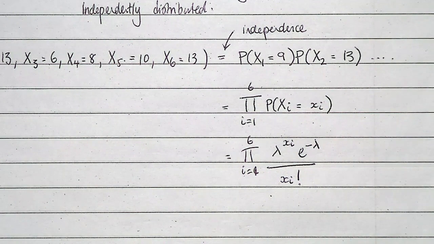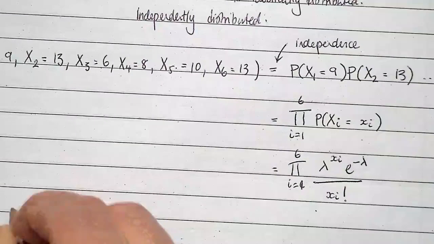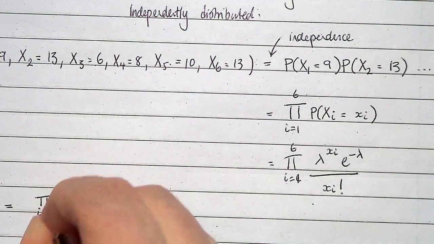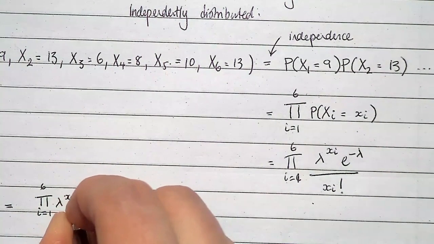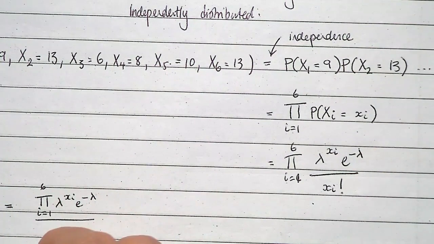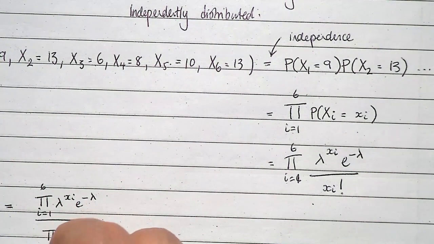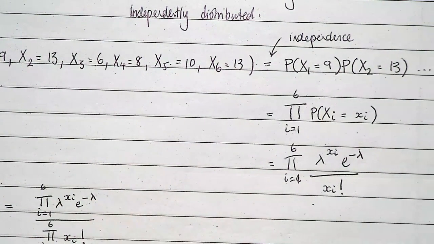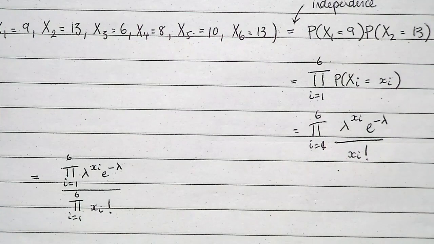The first thing I can recognize is that if I'm taking a product, I can take the product of the stuff on the top of the fraction and the product of the stuff on the bottom of the fraction. So I can split it like that. Now the next thing I want to notice is that the factor e to the minus lambda is a constant, so I can put that outside of the product.